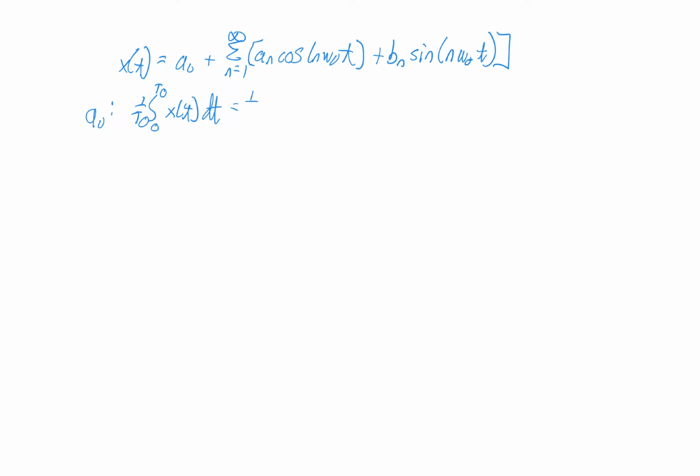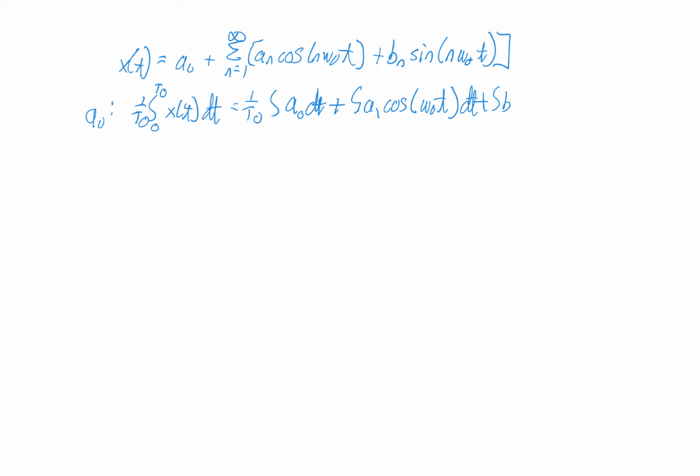And we see that we're going to have 1 over T0 times, okay, first term in x of t is a0. So all of these integrals are going from 0 to T0, so I'm not going to keep writing that. So I have that integral. And then I have the n equals 1 integrals. So I would have a1 cosine 1 omega naught t dt plus the integral of the next term.